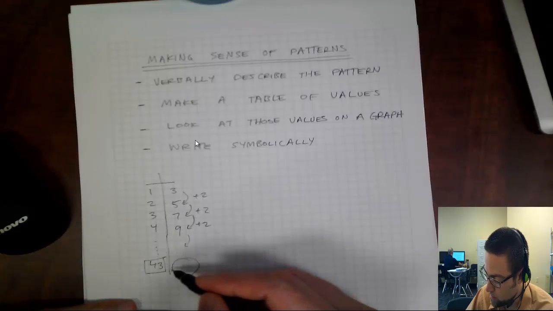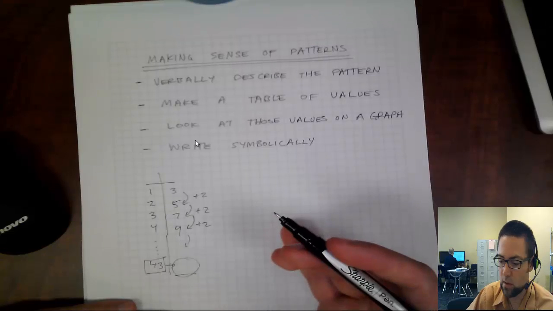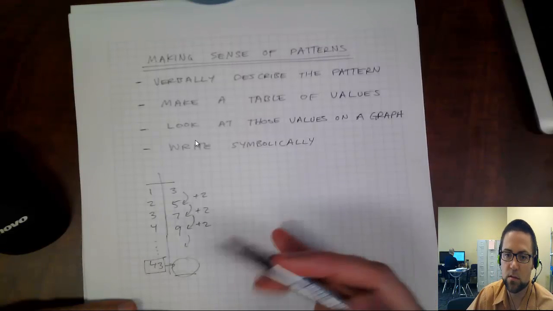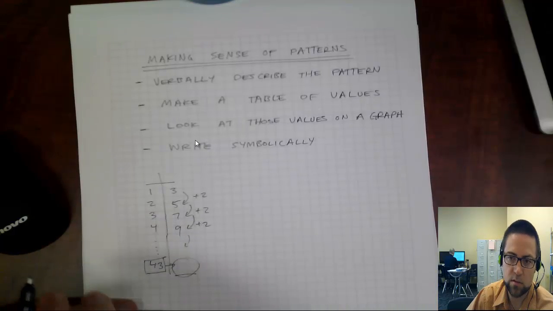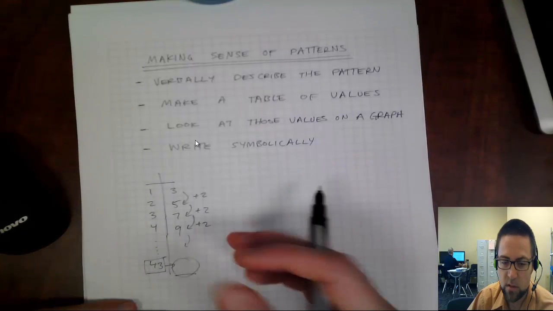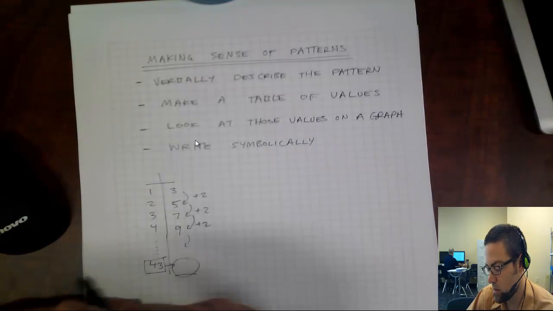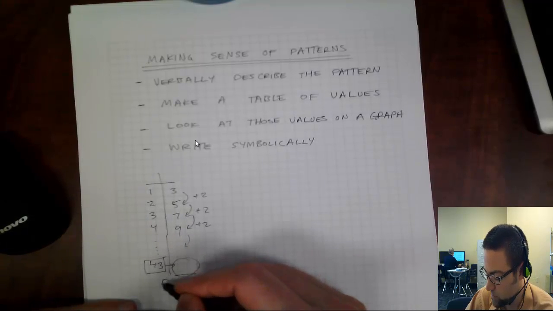Function that I could spit out an output and have my answer. That's really the goal of making sense of patterns, is so that we can use some future event or future number of things and spit out what it is that we want, right? So this is the use of functions right here.